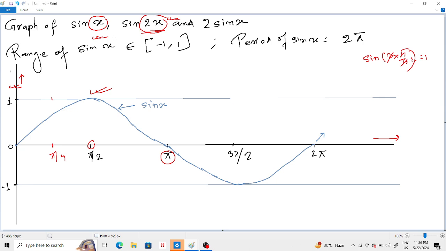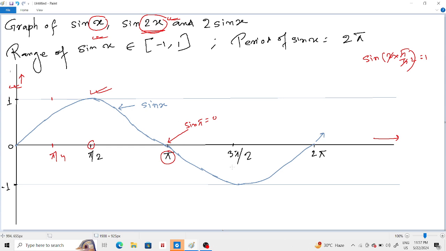What is the value of sine pi? It is 0. So at x equals pi, sine has reached 0 value. So sine 2x is going to reach 0 value, but at half the distance, so it is going to be pi by 2. That means sine 2x touches 0 at pi by 2.